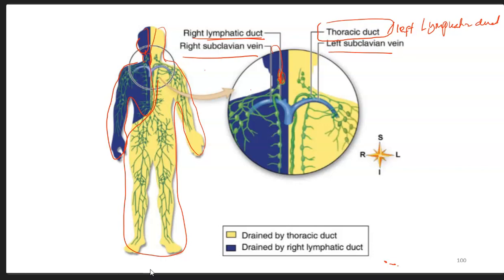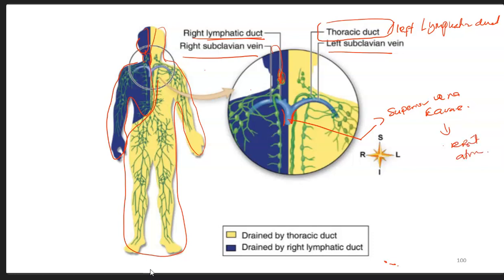So all these will enter back into your blood circulation, then enter into the superior vena cava, which then enters into the heart chamber, which is the right atrium.